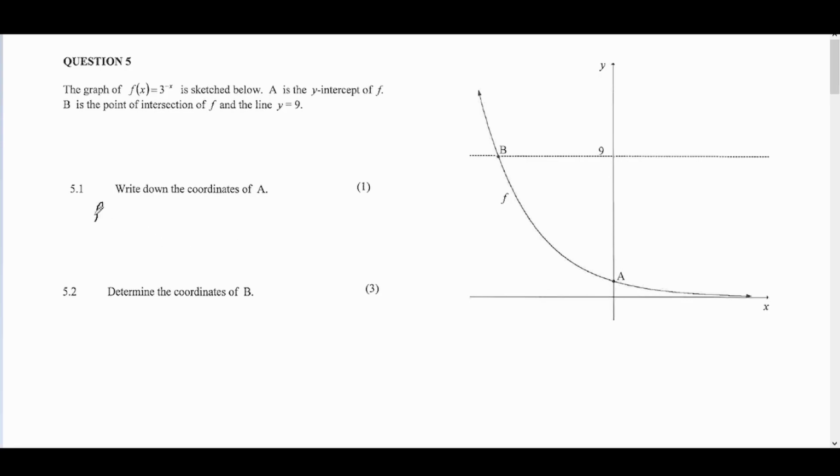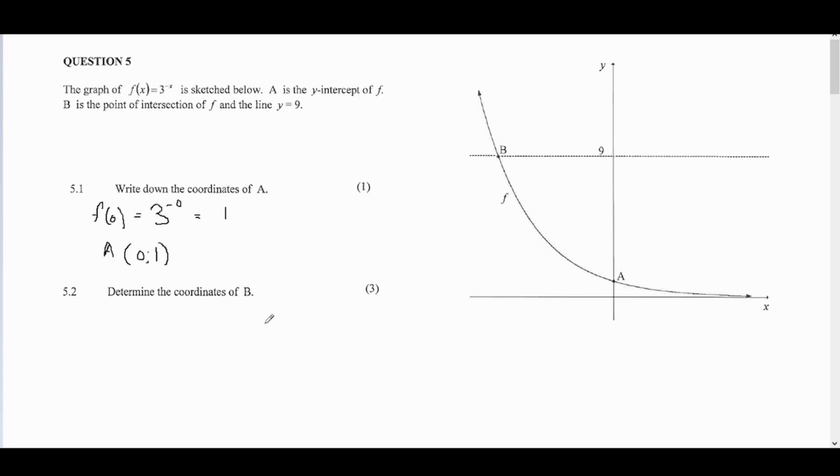So f of 0 equals 3 to the minus 0, and minus 0 is the same as 0, and anything to the power of 0 is 1. Therefore the coordinates for point A are 0 and 1. Easy one mark.